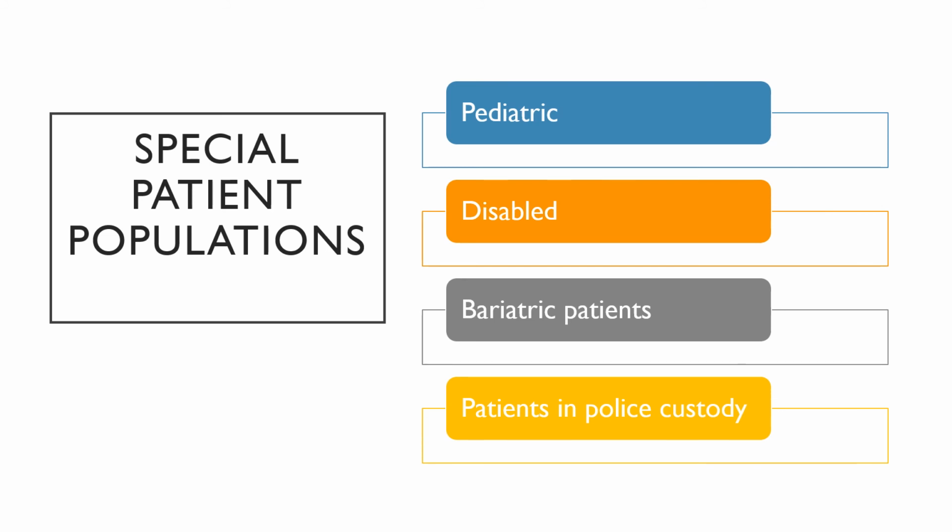Transferring and transporting them, you are going to need more people. You may need more specialized equipment. They might not be able to breathe very well. You might have to think about positioning of the bed when you're transporting them so they're not lying flat on their backs. They could suffocate from the weight of their own body pressing back on their thoracic cavity.